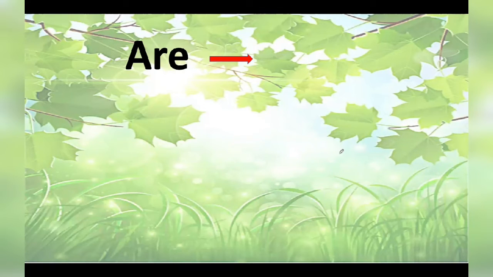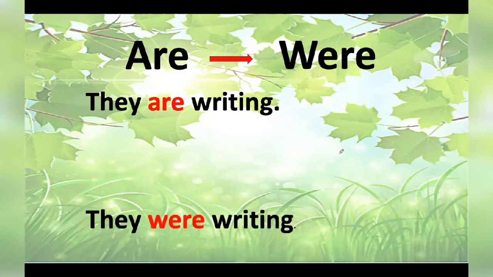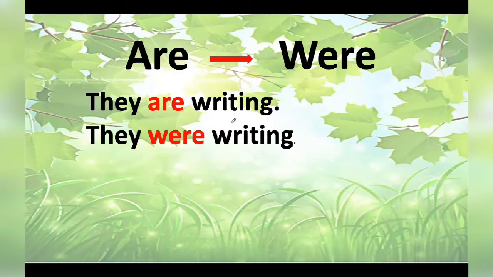Okay. Now here we have the verb "are". If we have the helping verb "are" in the present tense, we'll change it into "were" in the past tense. Here we have the examples. They are writing. It will be changed into were. They were writing.